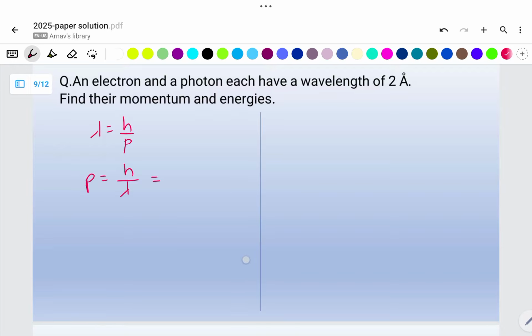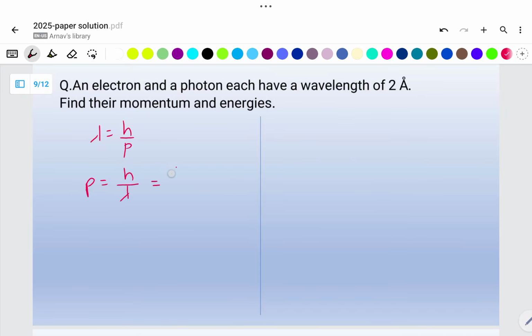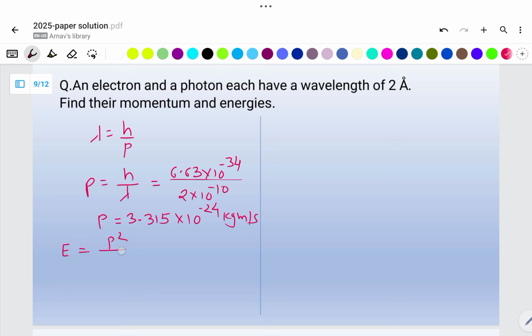When I substitute, I get 6.63 into 10 to the minus 34 divided by wavelength, 2 Angstrom, so 2 into 10 to the minus 10. So the momentum comes out to be 3.315 into 10 to the minus 24 kilogram meter per second. And the energy is p square upon 2m.